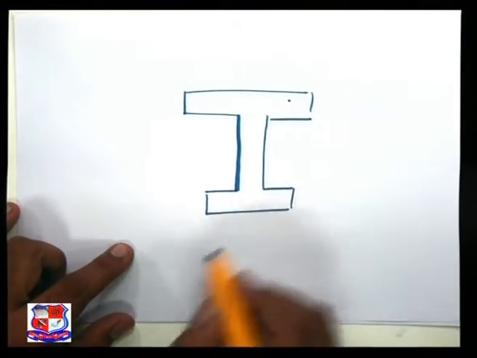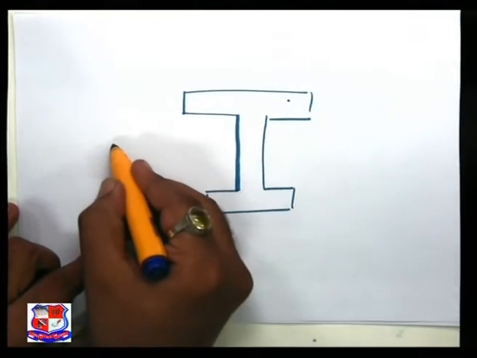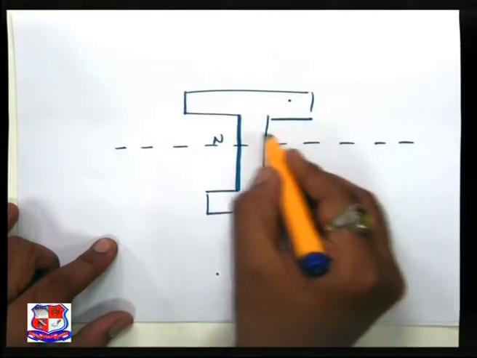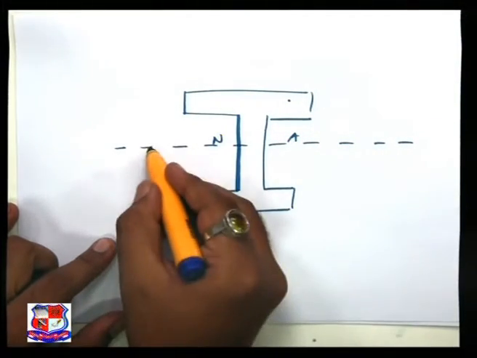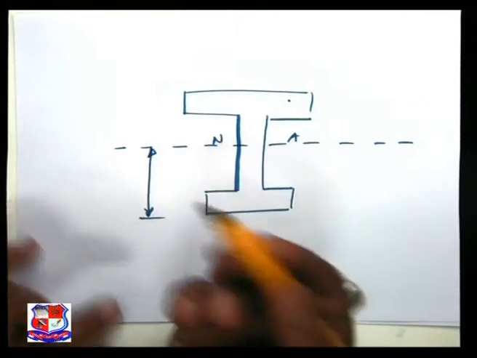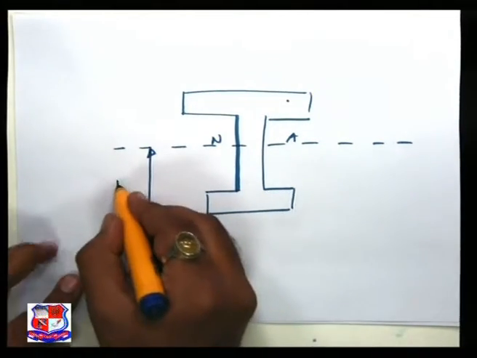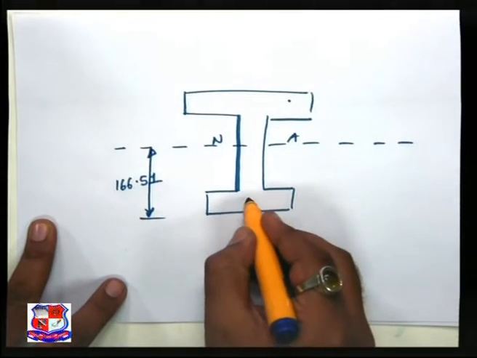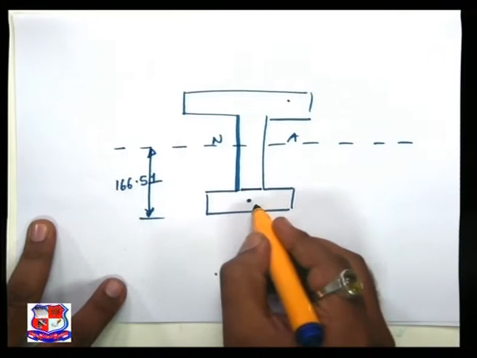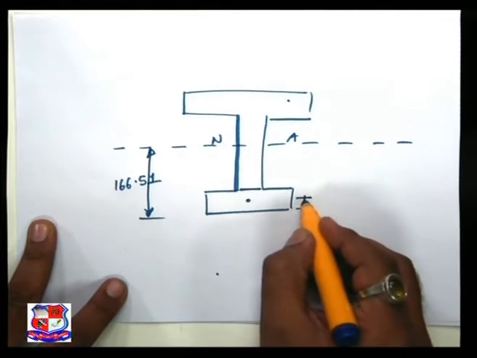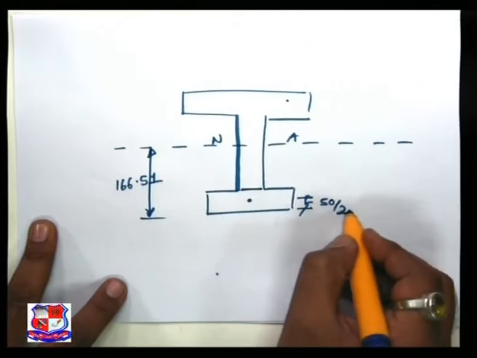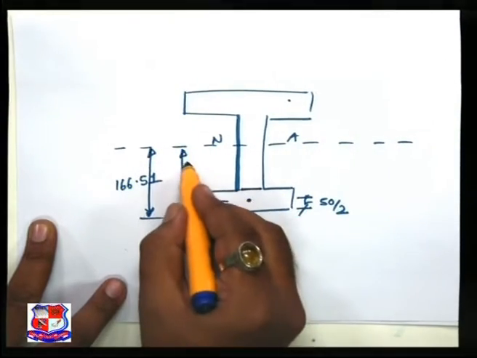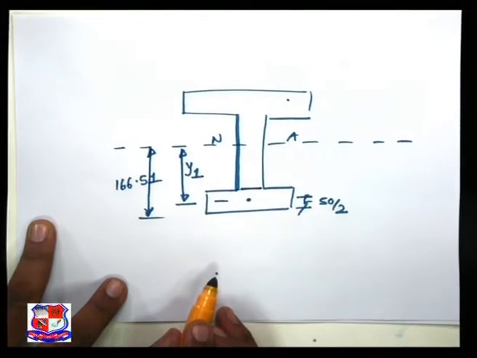This will be my neutral axis, and from the formula we found that it is 166.51. Now this is the CG of the first part. This is my first part. This distance is 50 by 2. So what will this be? This is my y1. Please understand carefully.